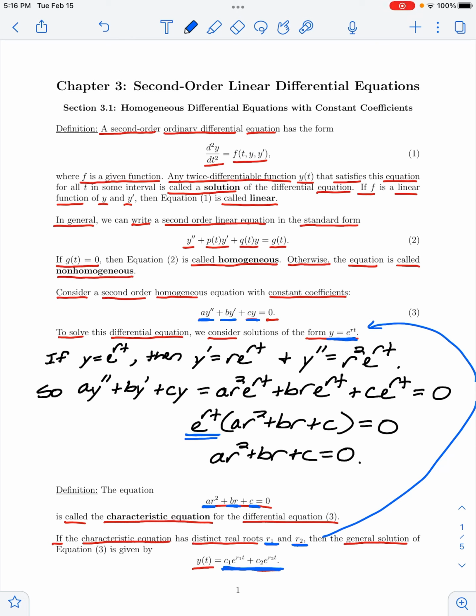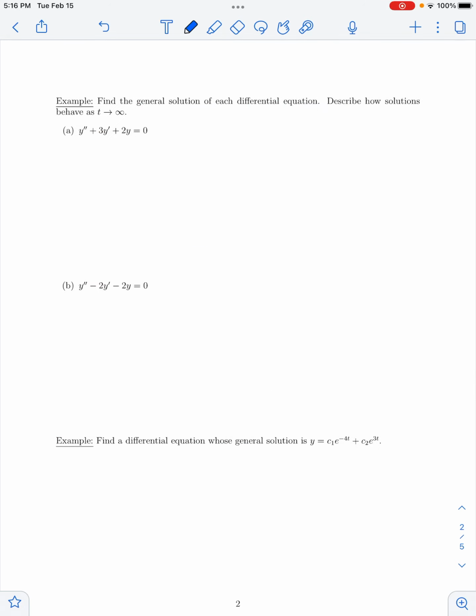So now that we know how to find the general solution of some types of homogeneous second-order linear equations, let's look at some examples of this. So in this first example, I ask you to find the general solution of each differential equation, and then describe how the solutions would behave as t becomes infinitely large.